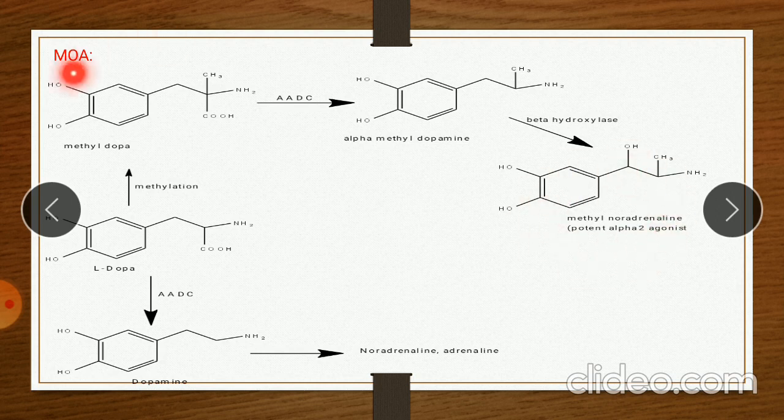So methyldopa, after decarboxylation by the enzyme AADC, is converted into alpha-methyldopamine. Then hydroxylation takes place at the beta position by the enzyme beta-hydroxylase, forming methylnoradrenaline, a potent alpha-2 agonist.